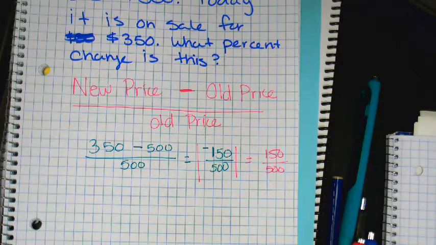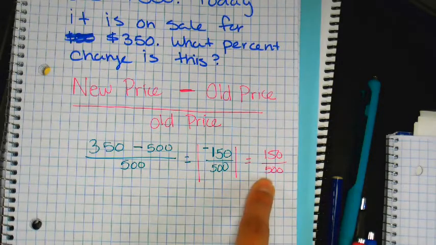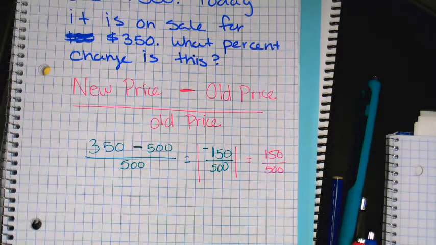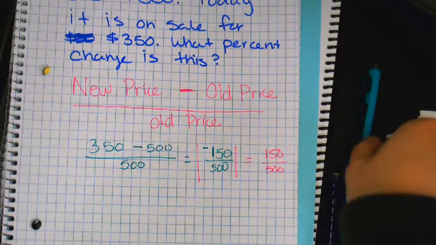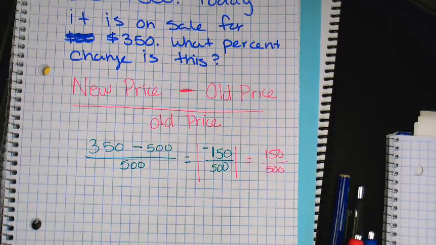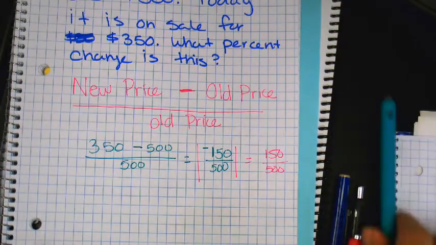All right, so we have to turn this into a percent. There's a couple ways you can do it. The hard way is to divide. The easy way is to simplify it and set it equal to 100.